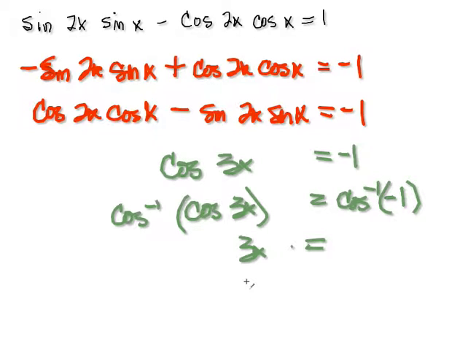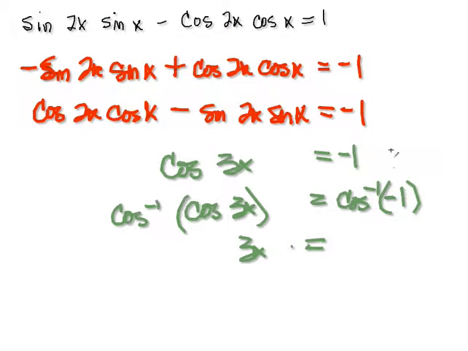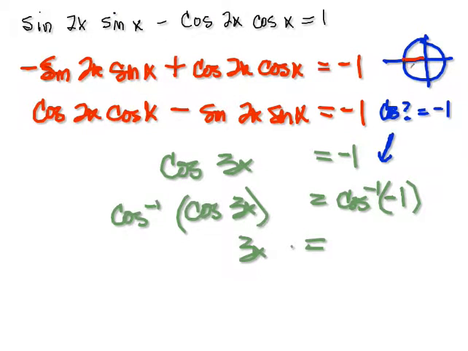And the inverse cosine of -1, what I'm reasoning out in my mind is: the cosine of what is equal to -1? It's going to be this angle right here on the unit circle.